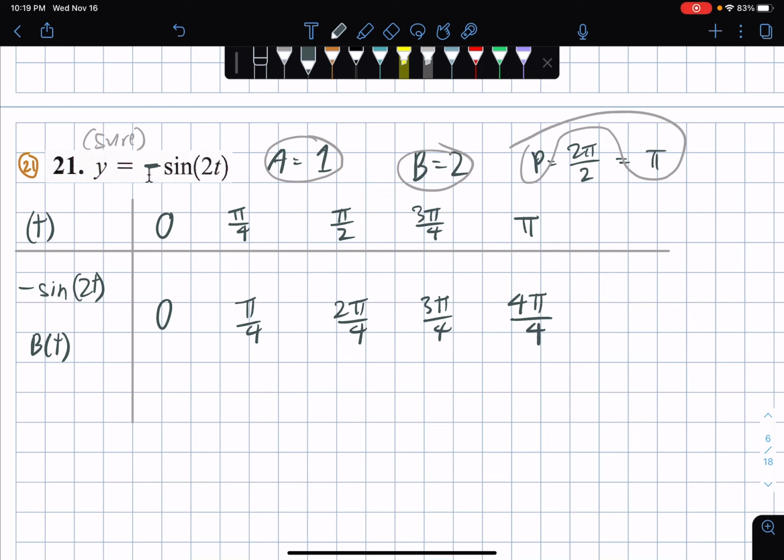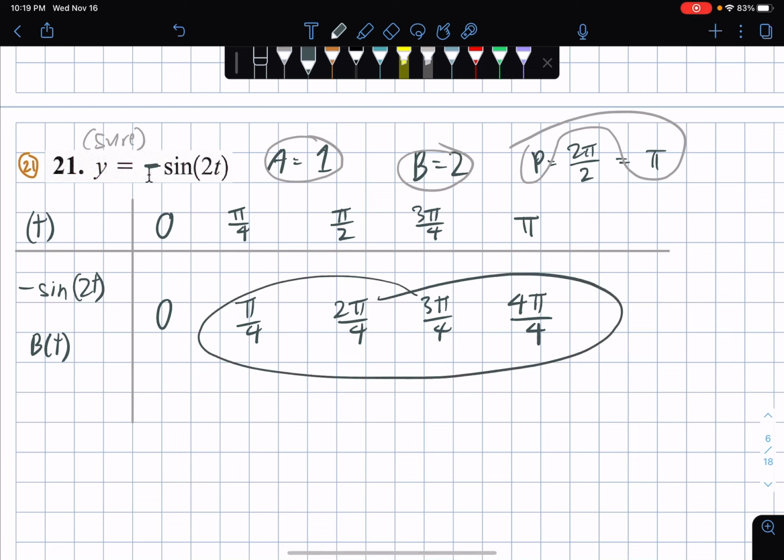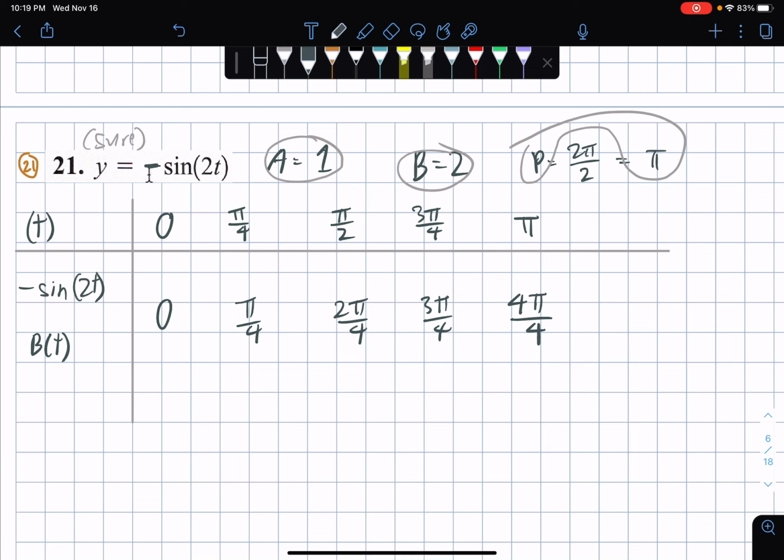One good observation. Based on this set of t values, or x values, so to speak, they basically all have a denominator of 4 in the first place. And if you cancel them, they become what they are right now.